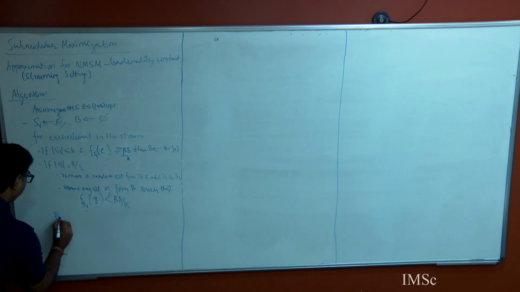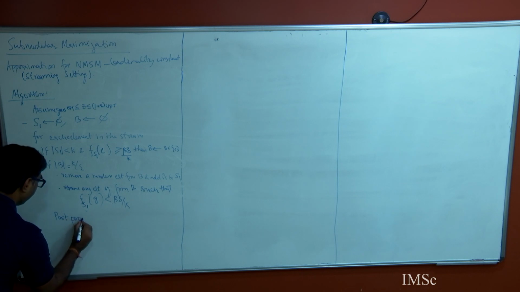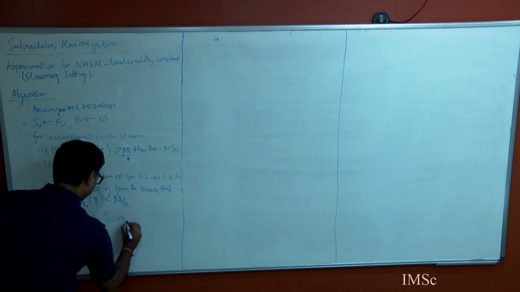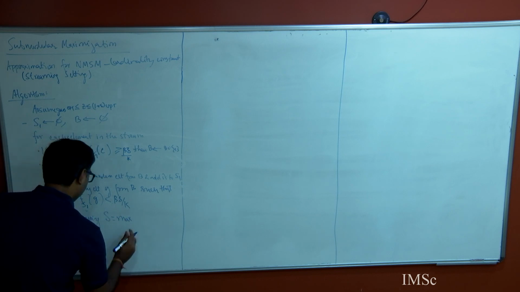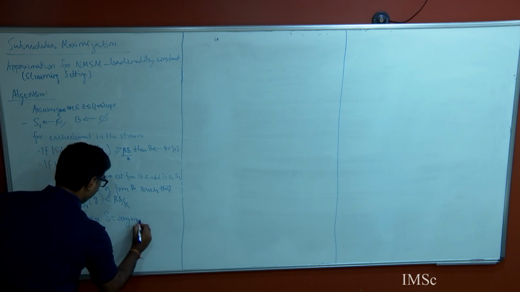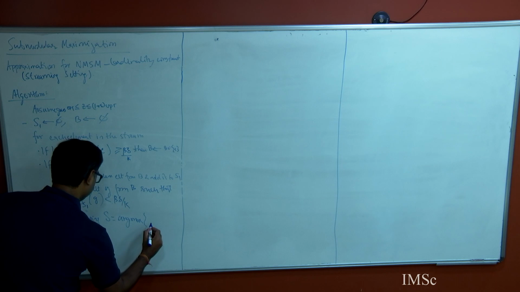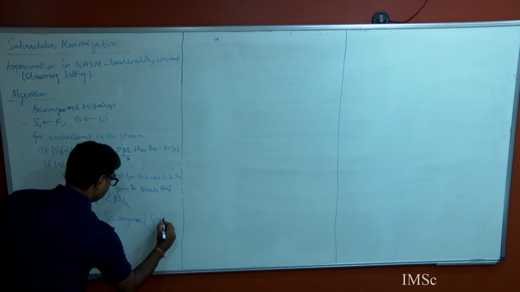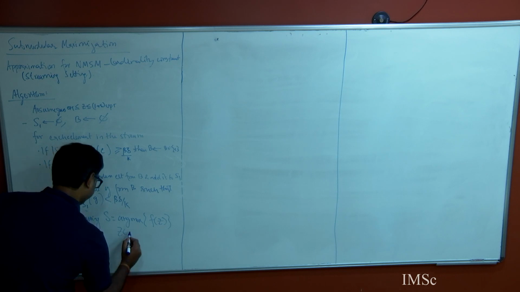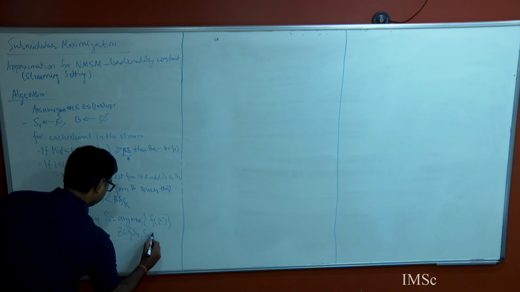Now we will do some post-processing. So what is post-processing? S, which we are going to return, is the maximum, argmax of f of z, where z is an element of S1, S2.